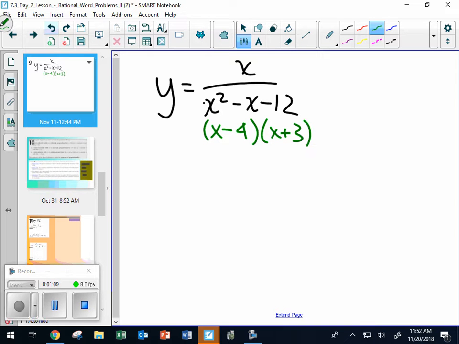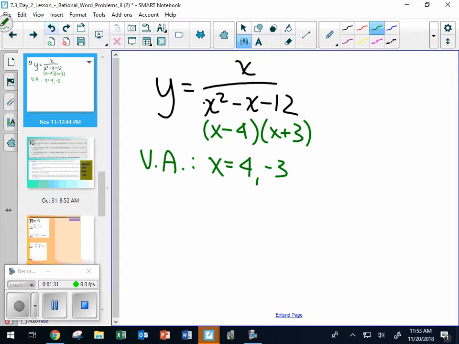So if you factor out the denominator, that's what we end up with. And what did you get? What kind of information did you get out of this? So here we know now that our vertical asymptotes are at x equals 4 and at x equals negative 3.